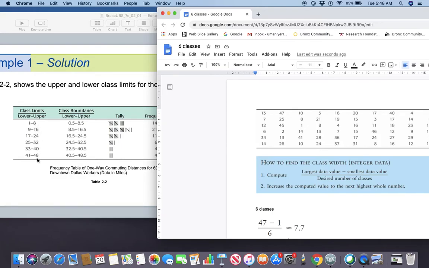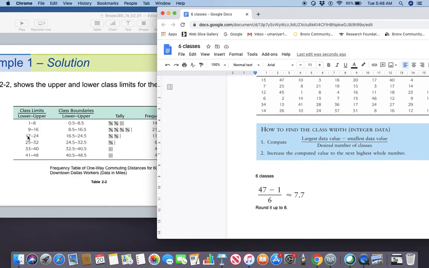So lower class limits, you start with the smallest number 1 and keep adding the 8 that you got, 6 times. Find the upper class limit by taking 1 before, and add 8 6 times.